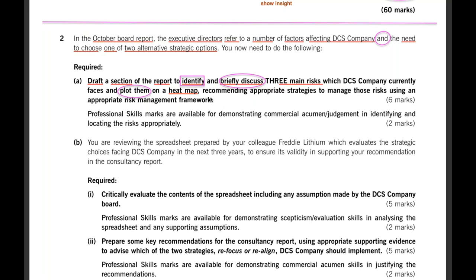After that, you are supposed to be recommending appropriate strategies to manage those risks, using an appropriate risk management framework.